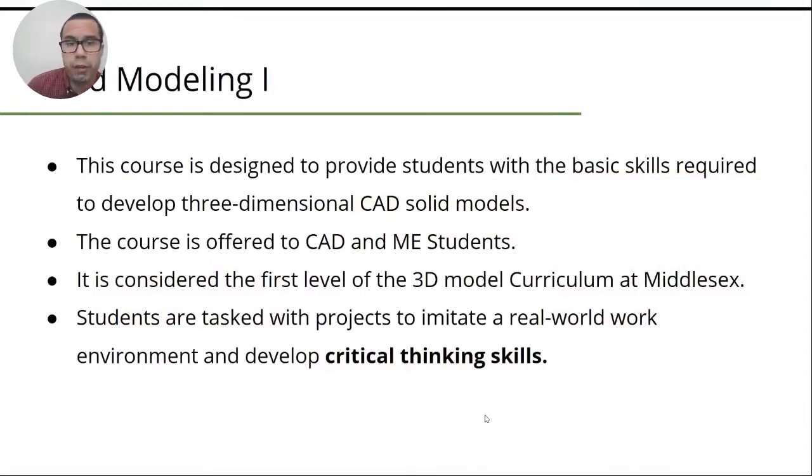The course is offered to CAD and mechanical engineering students, who have the class all together at the same time. It is considered the first level of the 3D model curriculum at Middlesex. Students are tasked with projects that simulate a real world work environment and develop critical thinking skills, which is very important when working with 3D models.